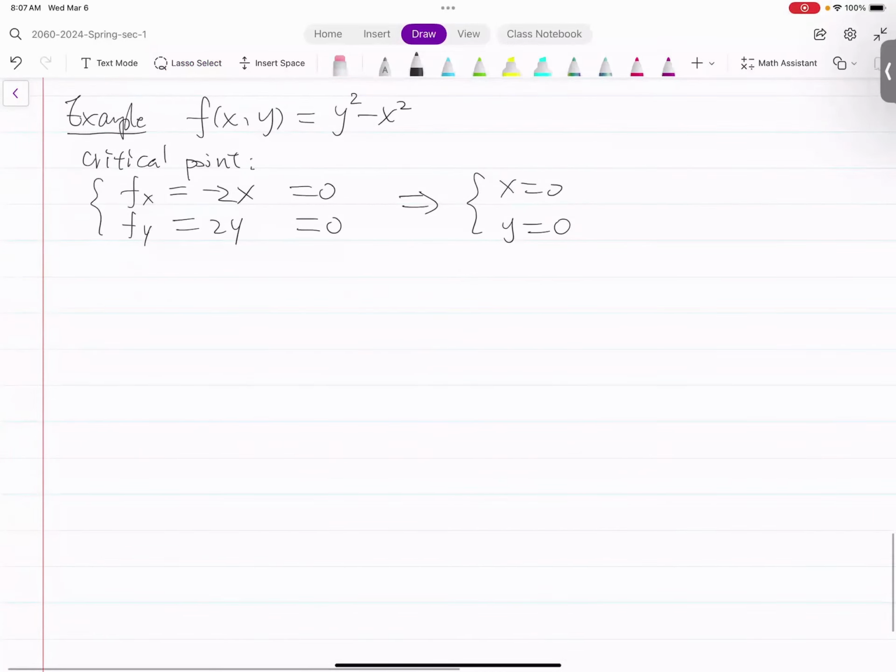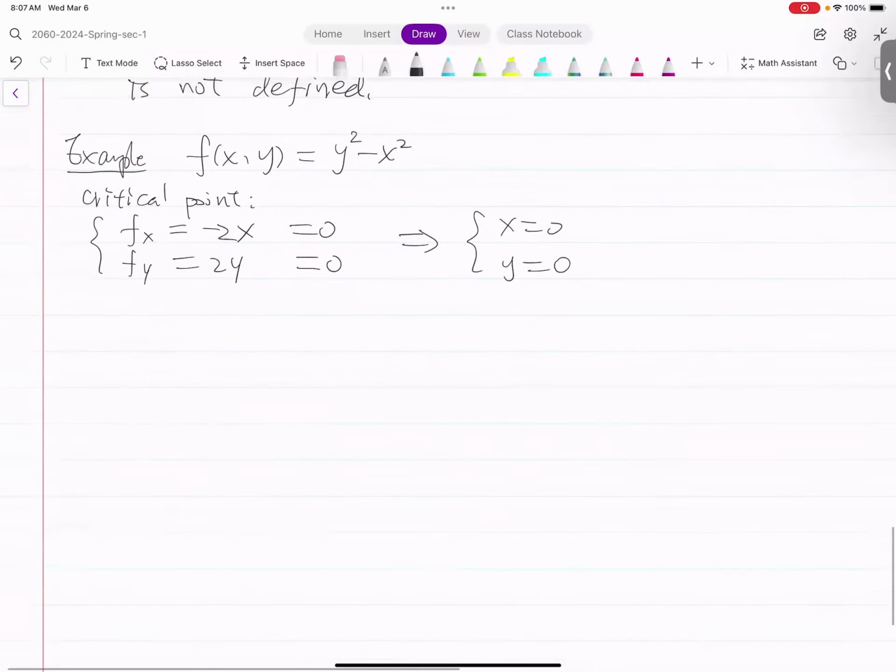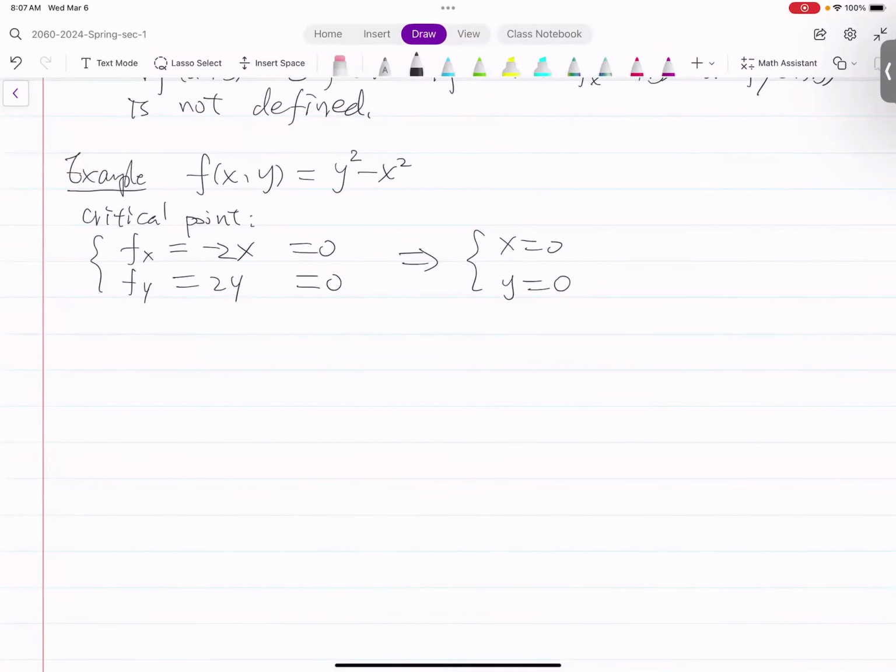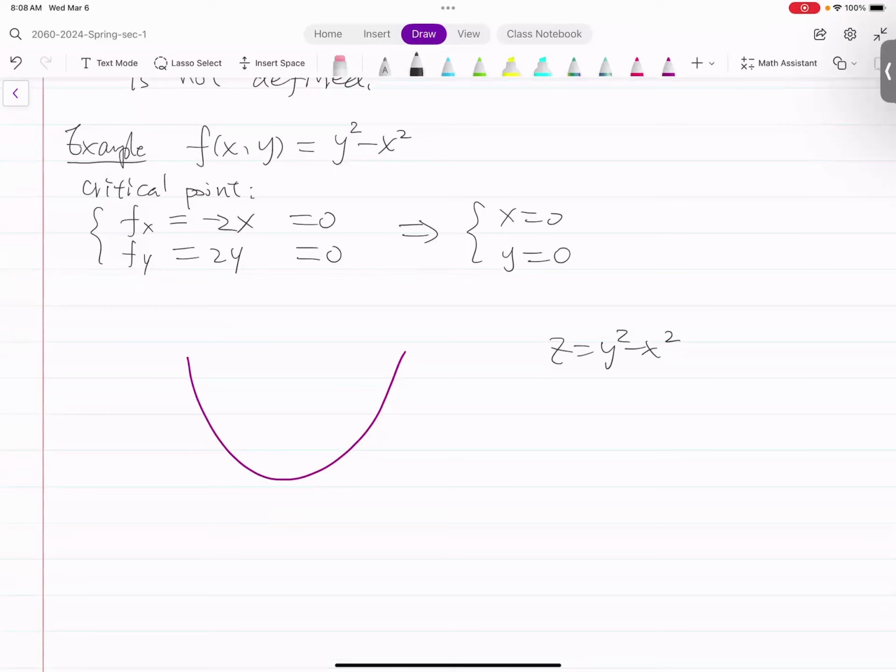But now, if you recall the graph, it's actually not giving you a nice minimum or maximum. When we're trying to sketch it, let's say if you fix x to be 0, right, then you have a quadratic opening upwards. So basically we're sketching z equals y squared minus x squared. And here we have the x-axis, the z-axis, and the y-axis.